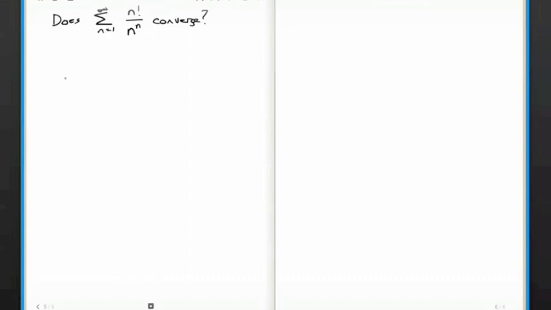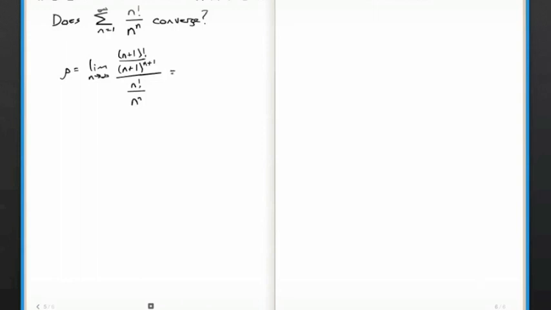Let's do the ratio test. Rho equals the limit as n approaches infinity. n factorial becomes n plus 1 factorial over n plus 1 to the n plus 1, over n factorial over n to the n. Boy, this could be some funky algebra by the time we finish this up.